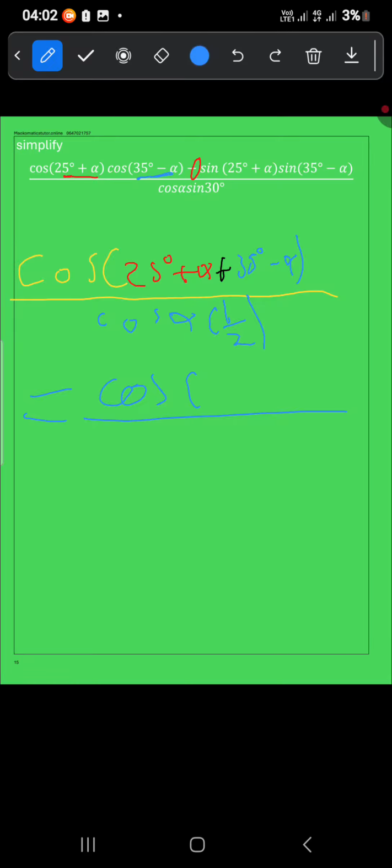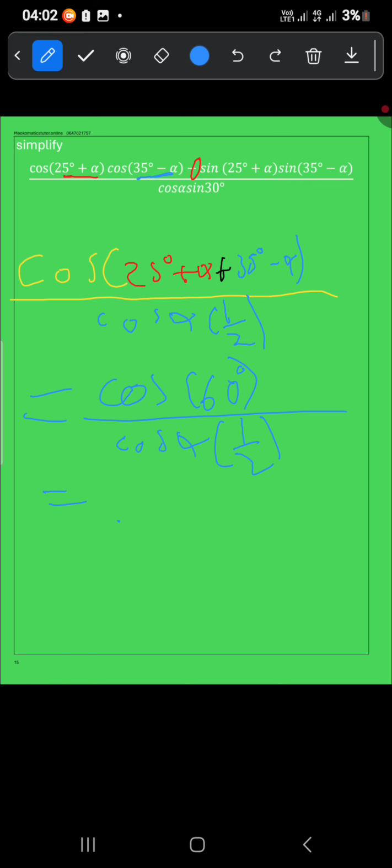Then 25 and 35, they make 60. So it's going to be cos 60 over cos alpha, 1 over 2.